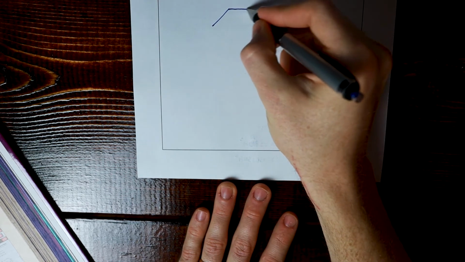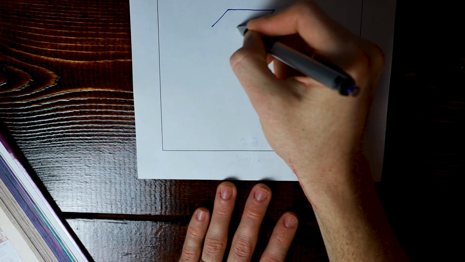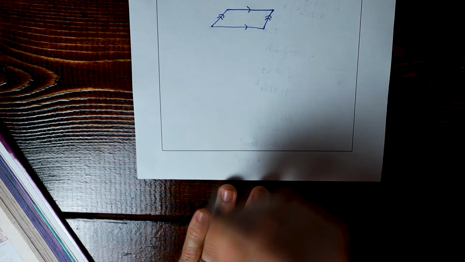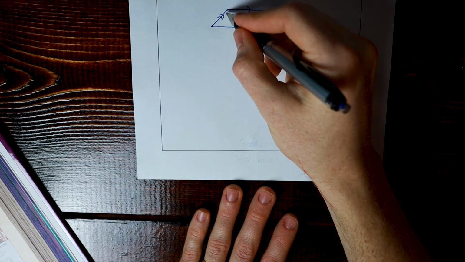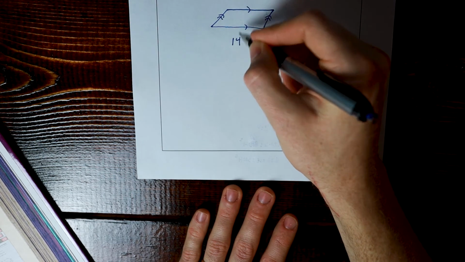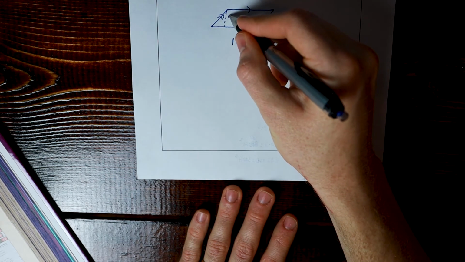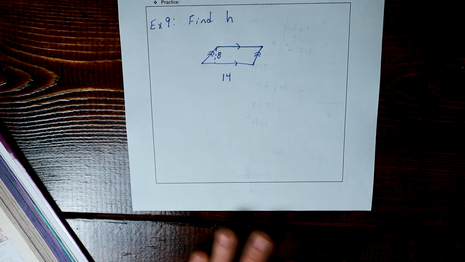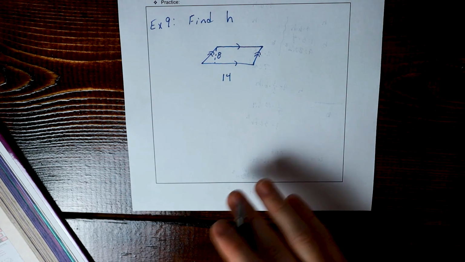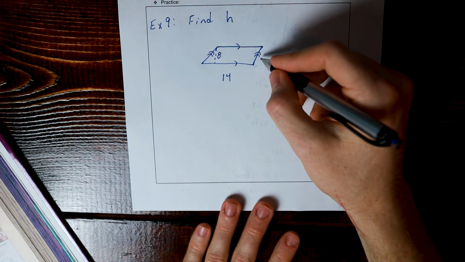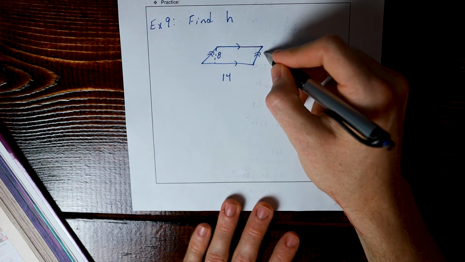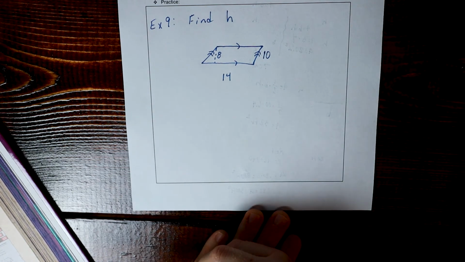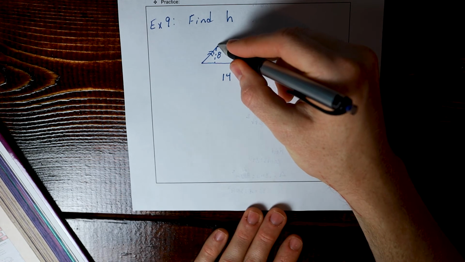Let's say for instance we had this parallelogram and let's say it has a base of 14 and a height of 8. Now once you have that, let's say that I said this slant height is 10. Figure out what this would be.